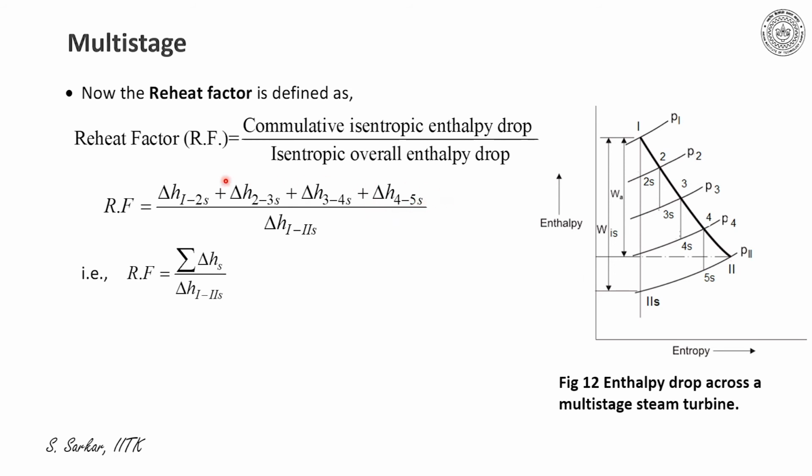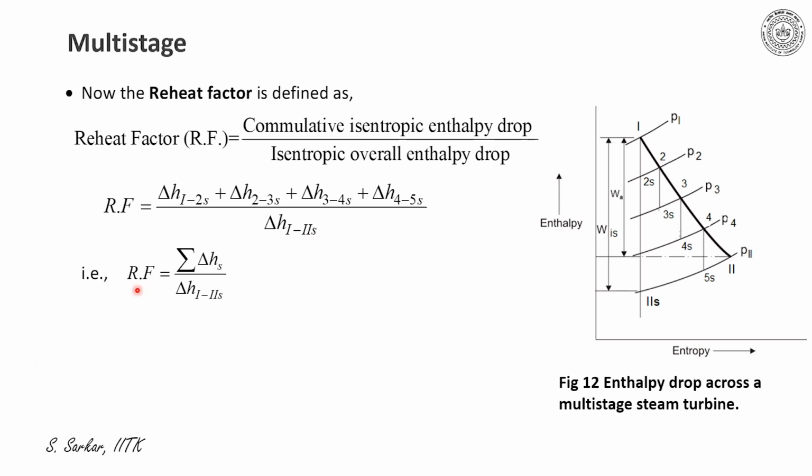This is the cumulative isentropic enthalpy drop, divided by del H12S, that is overall isentropic enthalpy drop.